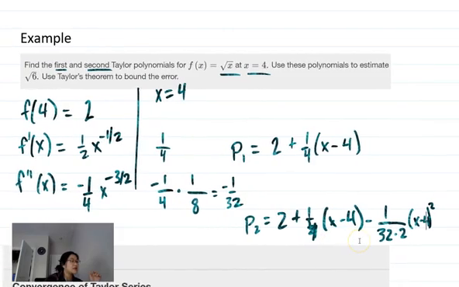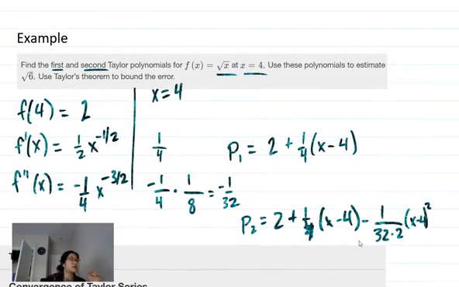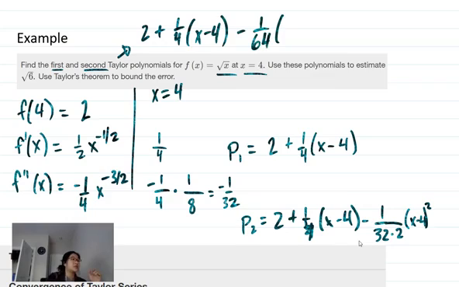Okay, so now we have our second Taylor polynomial, which is 2 plus 1/4 x minus 4 minus 1 over 64 x minus 4 squared. And then we need to estimate, so that's P2 of x.